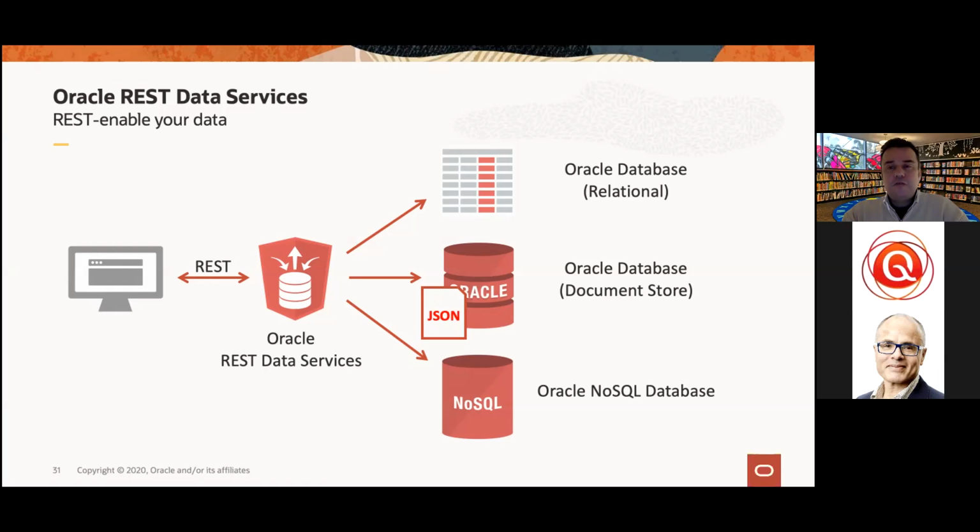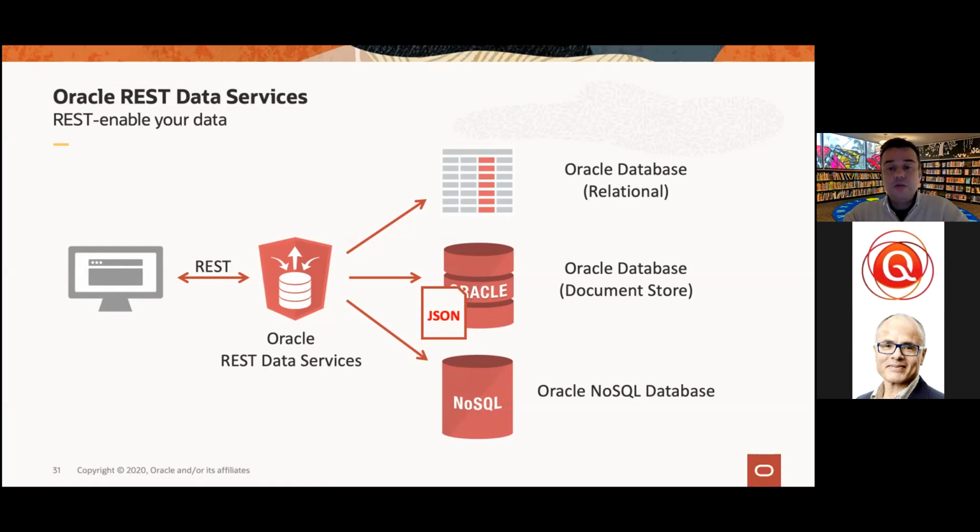What kind of sources does Oracle REST Data Services use to retrieve information or to store information to? You can use the Oracle Relational Database, any kind of Oracle database you may have installed in your data center or on the cloud.